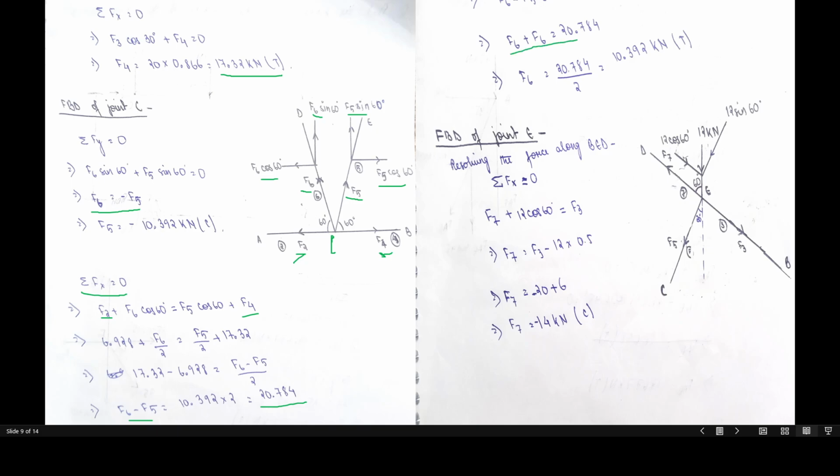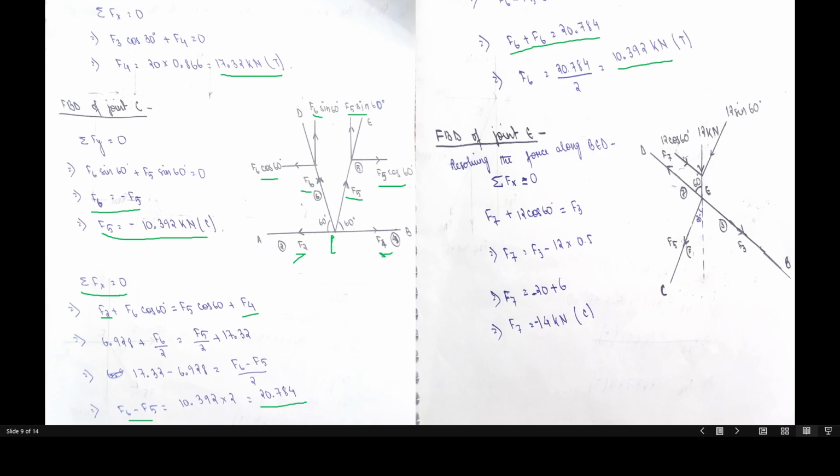So it will turn to F6 plus F6. So 2 F6 will be equal to 20.784, and then we'll find the value of F6. That's nothing but 10.392 kilonewton, and it's positive, so it's in tension. Then we can write the value of F5 as minus 10.392 kilonewton, and it's in compression from the previous relation.